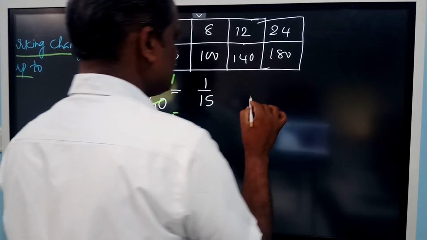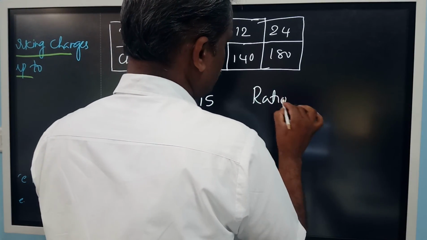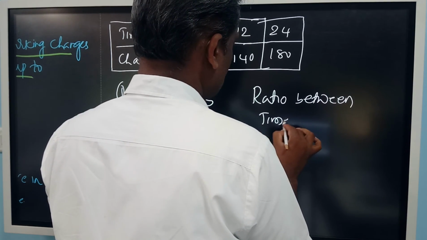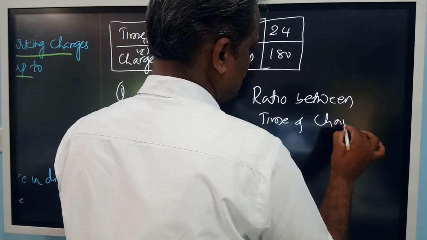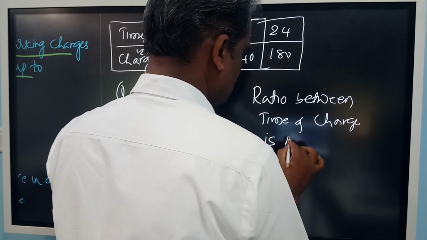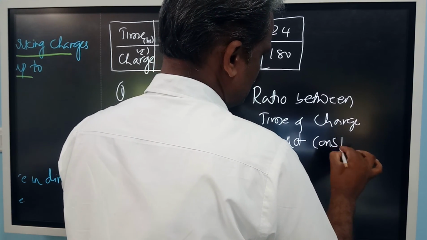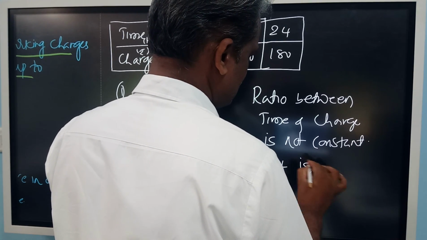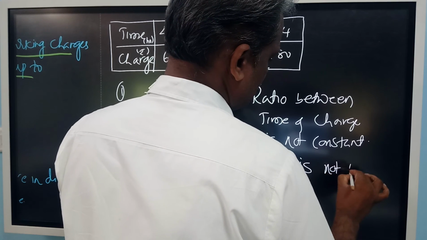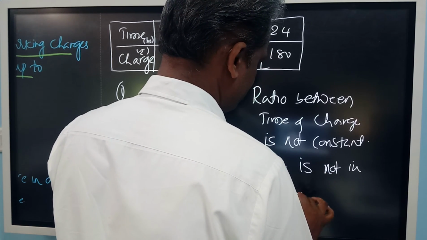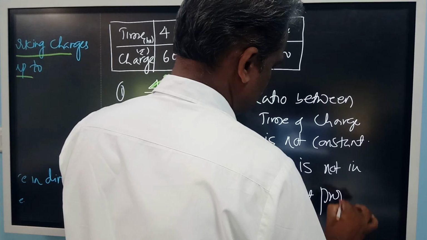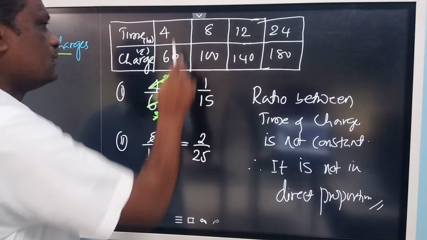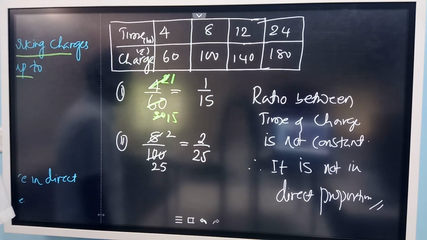The ratio between time and charge is not constant. Therefore, it is not in direct proportion. So as I said in the beginning, the ratio between them must be constant.